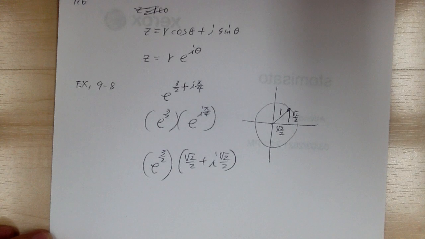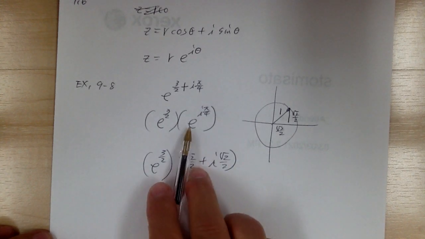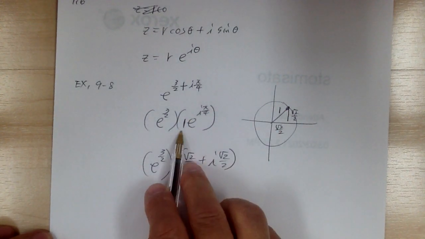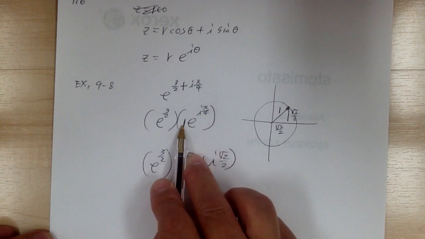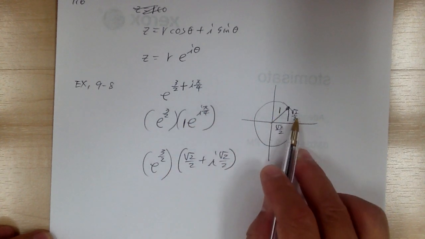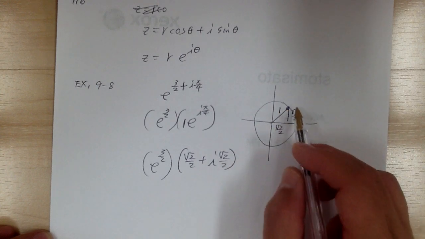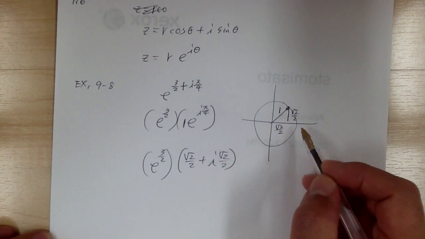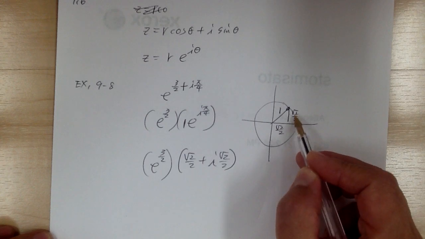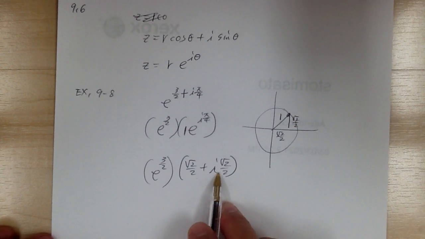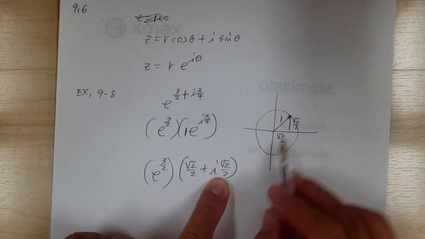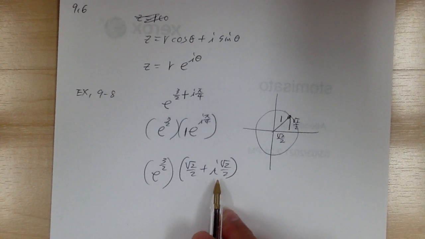Again, the 1 means the radius is 1, and this is your angle. Radius is 1, the angle is pi over 4, so you use your geometry, special triangle. It'd be square root of 2/2, square root of 2/2, and remember there's an i, because this is in the i direction. That's what you're going to get for that.